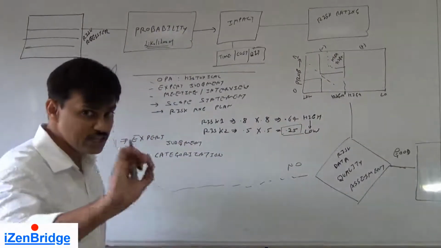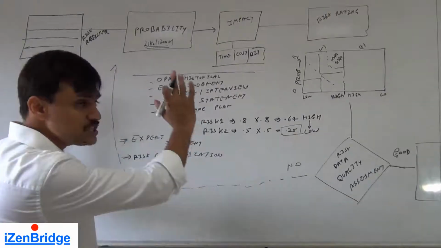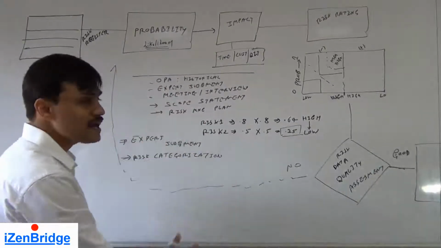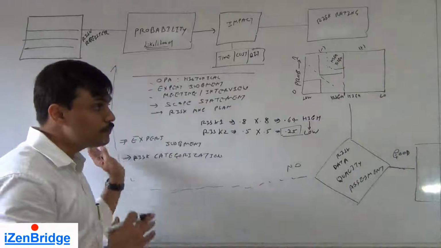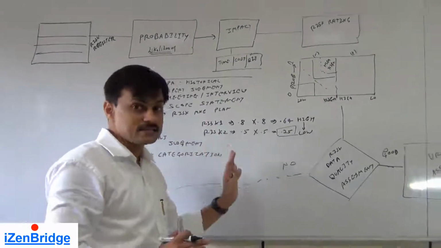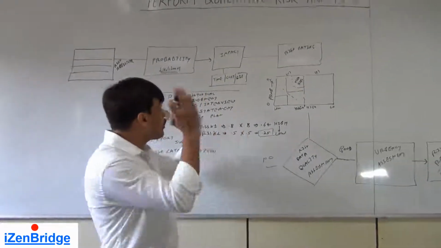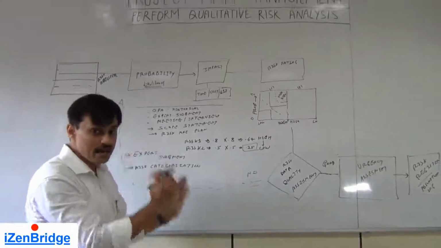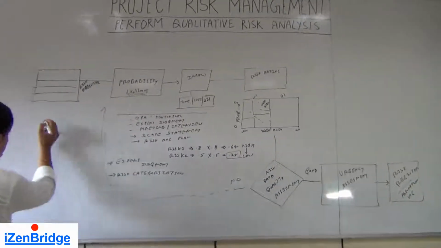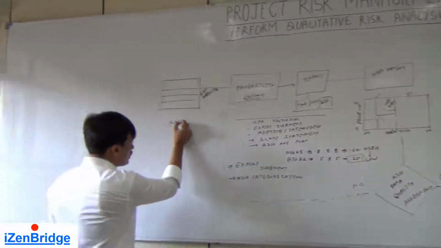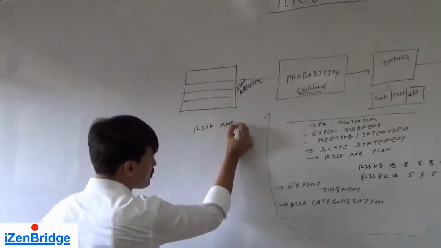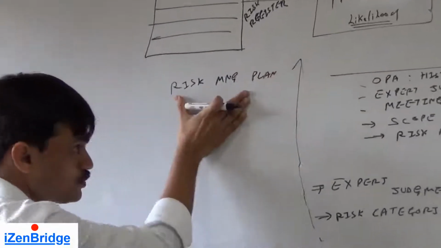So now let us look at the inputs and outputs. We have covered the process completely, but just to summarize, let us see what kind of inputs, outputs, and tools and techniques are defined for perform qualitative risk analysis. We have an input called the risk management plan. Why do we use it?